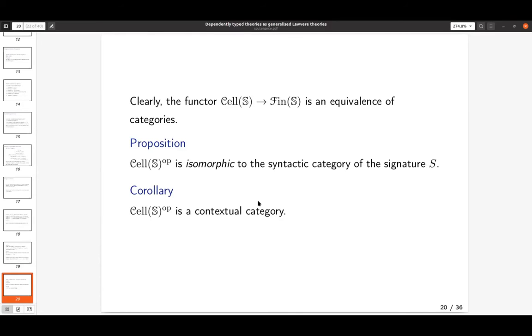Clearly, there's a forgetful functor from finite cell complexes to finitely presentable presheaves, which is an equivalence of categories.